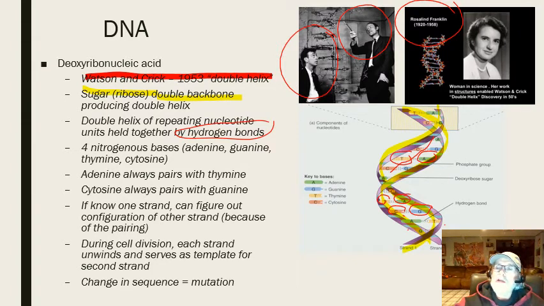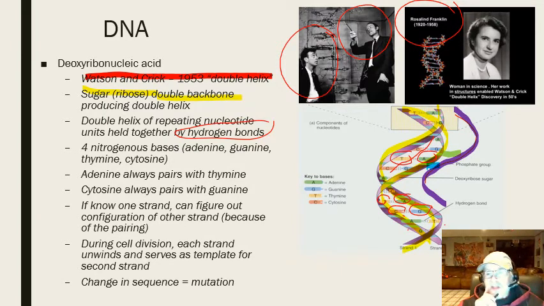I know when I make another strand out here, let me do it purple so that we keep consistent here, I have another strand that I'm going to make. What's going to be binding with the thymine? I'm going to have an adenine right there. What's going to be binding with the cytosine? I have a guanine right there. So basically, by knowing one strand, I know what the other strand is, because it's a complementary pair.